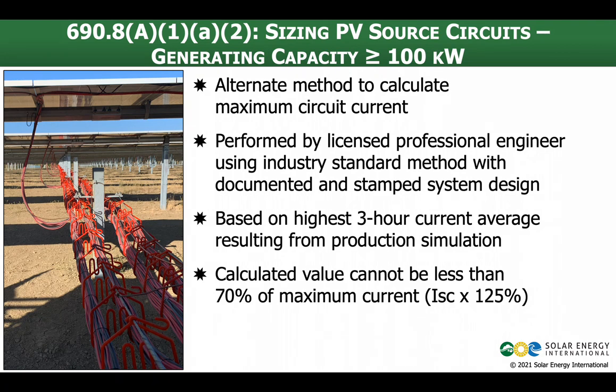We're saying that normally Isc times 1.25 is our maximum circuit current. Depending on how we model it, we could come up with a maximum current somewhere between that and Isc times 0.875. That's as low as we can go. Even if the model says it's less, you can't go below 70% of the maximum current. So this, again, is a potential for some significant savings depending on how the system is actually going to operate.